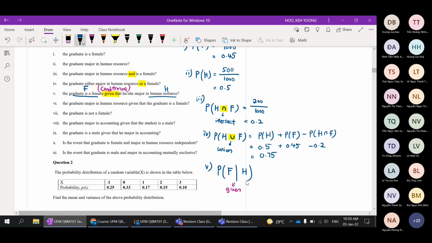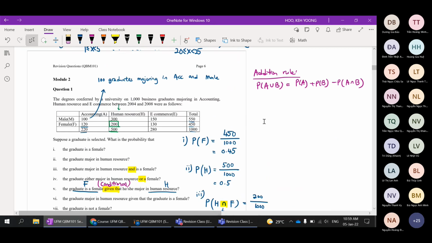Okay, what does this question mean? We know that the graduate majors in human resource. Out of those who major in human resource, what is the probability that the graduate is a female? So we will look at the human resource column.